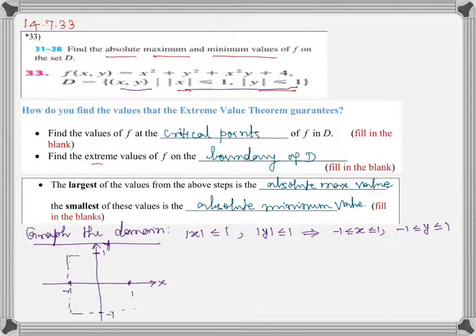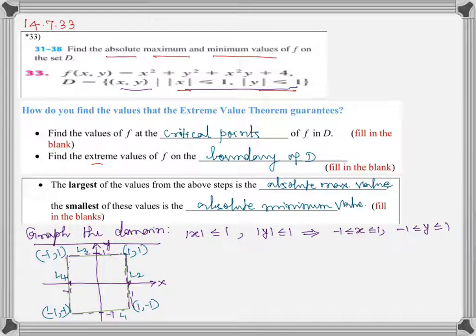And then we will mark the boundaries, which are the edges of this square. Mark the endpoints, which are -1, -1, and 1, -1, 1, 1, -1, 1. We'll call the boundaries L1, L2, L3, L4.